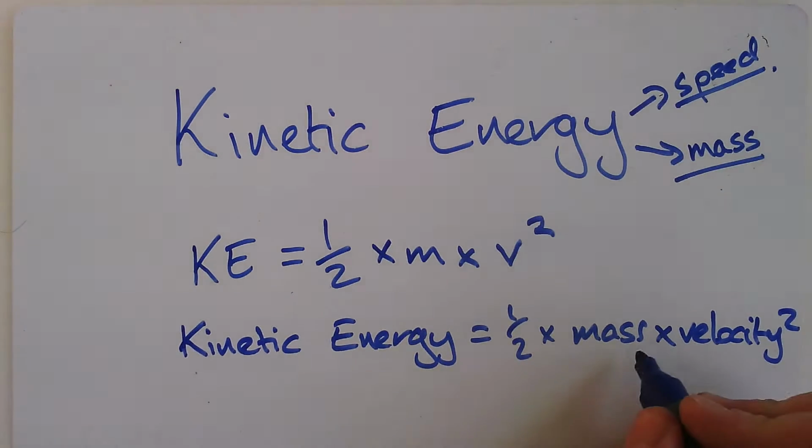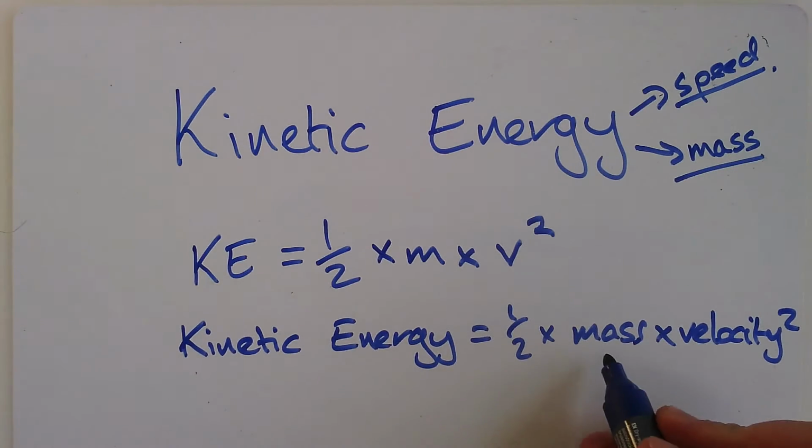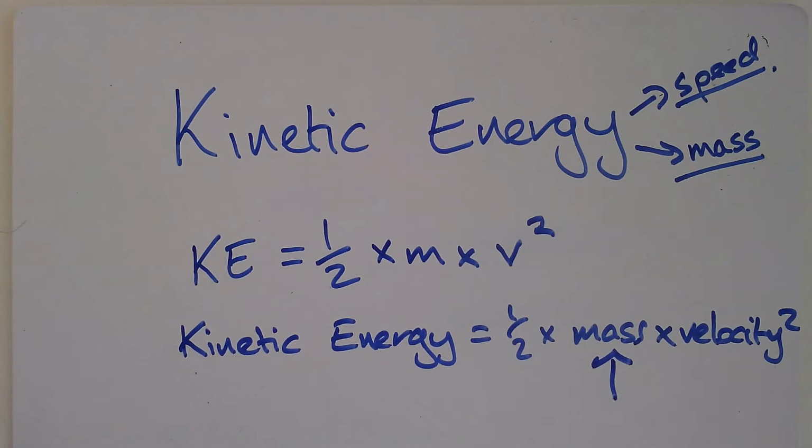Now, this is the thing that gets bigger when his mass increases, which makes the answer bigger. If I increase the velocity, then this number gets bigger, and it gets even bigger because it's squared, which again increases the amount of kinetic energy that an object has.